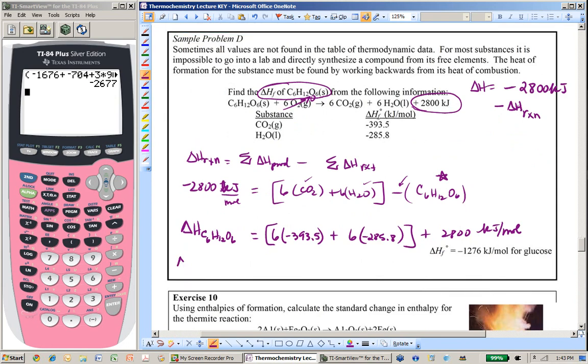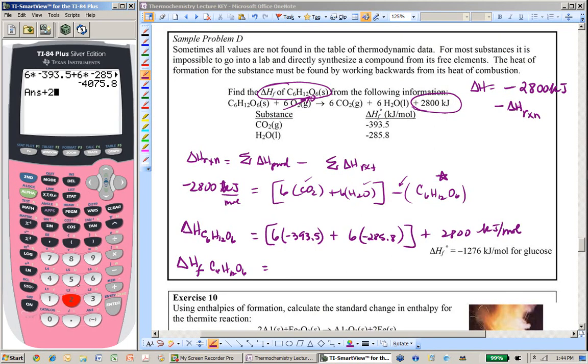And that means that the delta H formation of C6H12O6 is equal to 6 times negative 393.5 plus 6 times negative 285.8, hopefully I punched all the buttons right, equals the bracket amount, negative 4075.8, and I add to that a lovely 2,800.